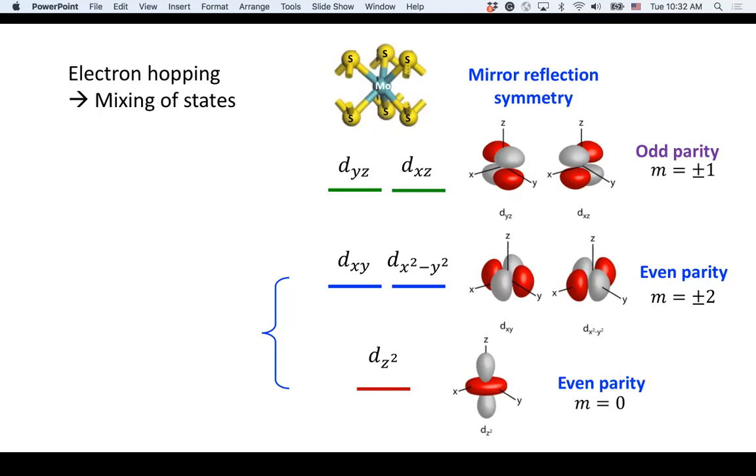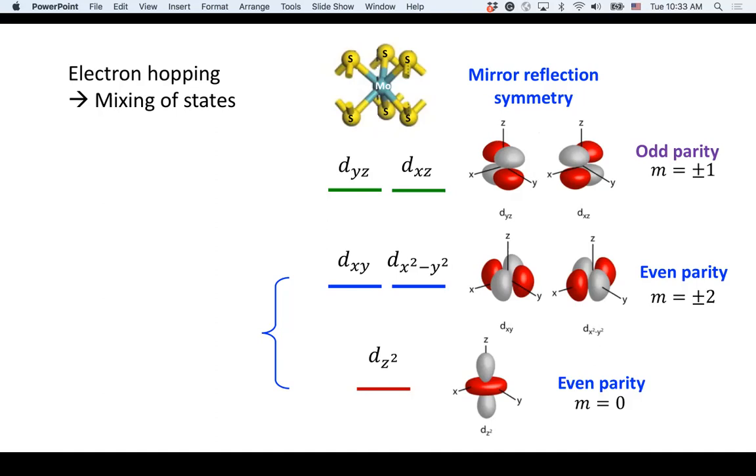So you need to know that when the Mo atom is in this trigonal prism, all the effect of the S atoms has the mirror reflection symmetry. That means if two orbitals have different parity, they're not going to mix together.